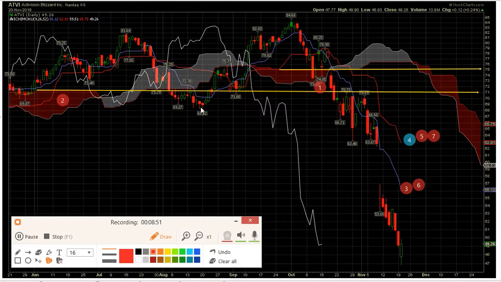But look at the price action compared to the Chikou span here. The Chikou span did not close under the cloud. It got support here from the Senkou span B, which is this red line, and that should have been an indicator that this stock was not yet ready to break down.